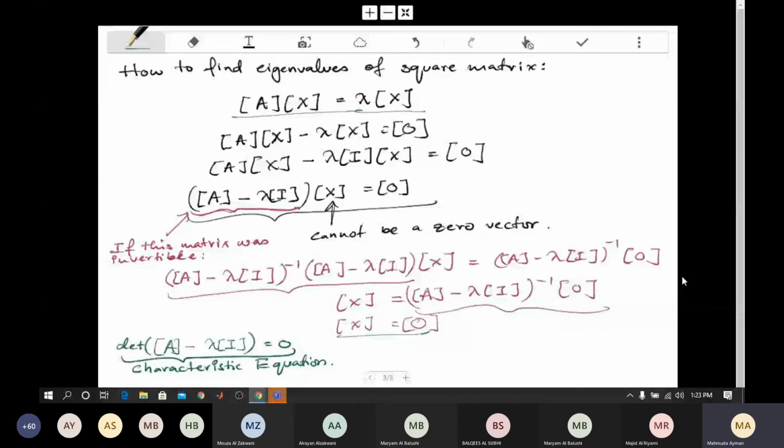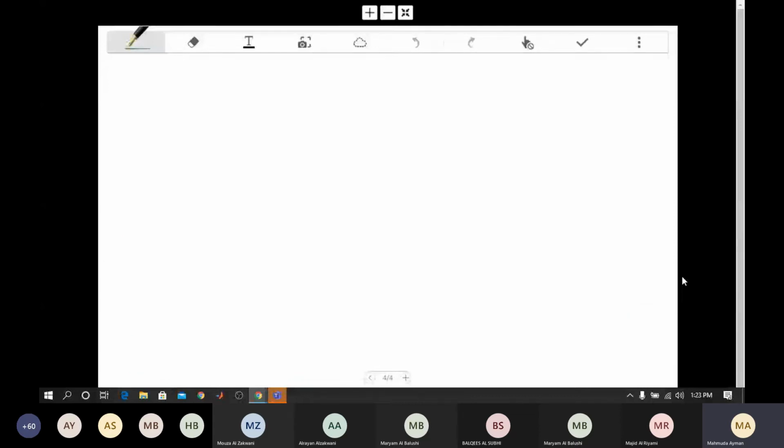Okay, and expanding this characteristic equation will form a polynomial referred to as the characteristic polynomial of degree n.